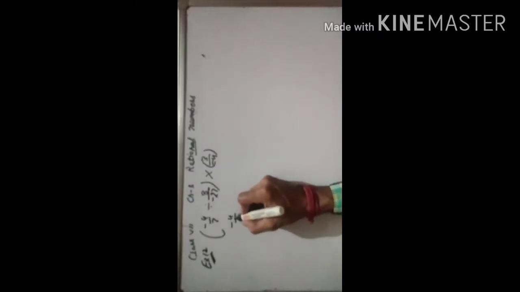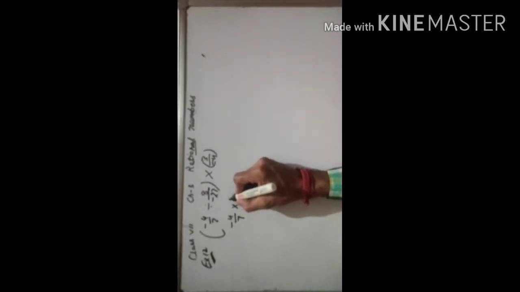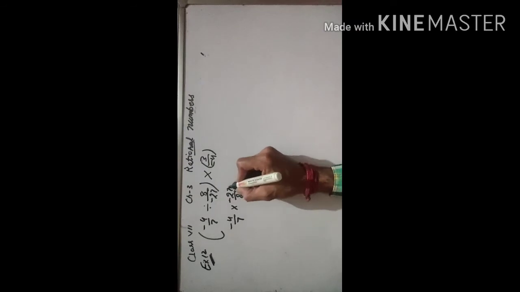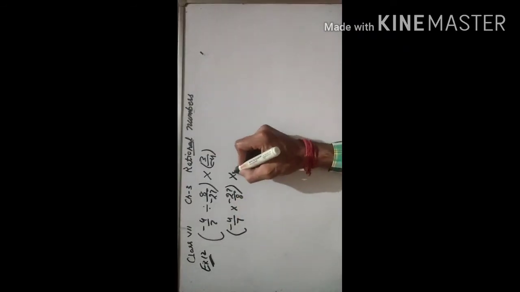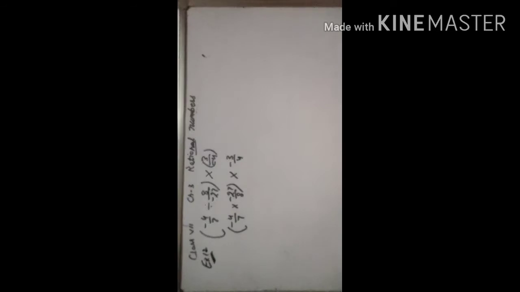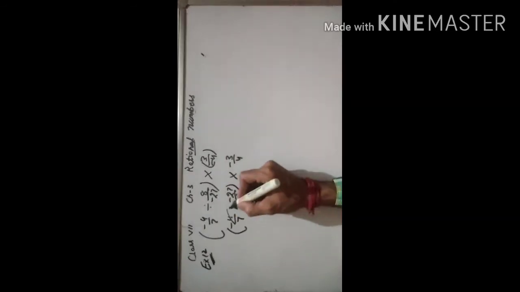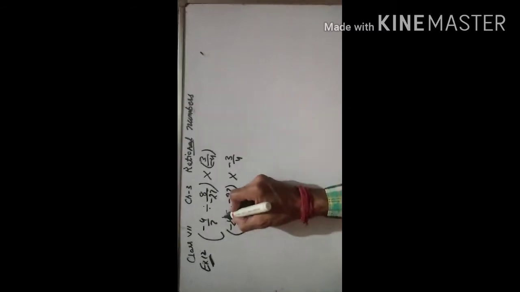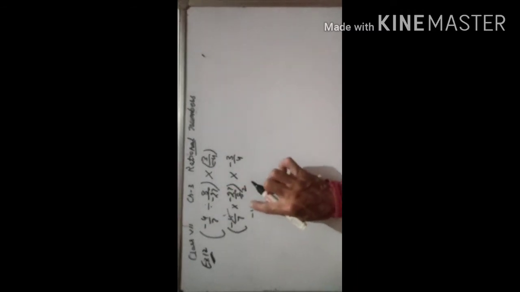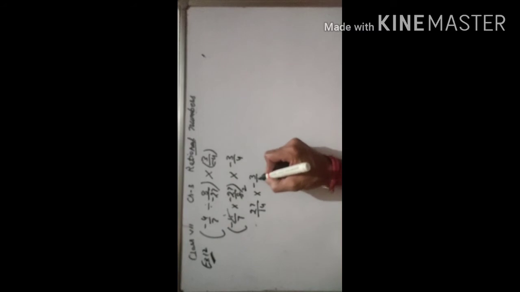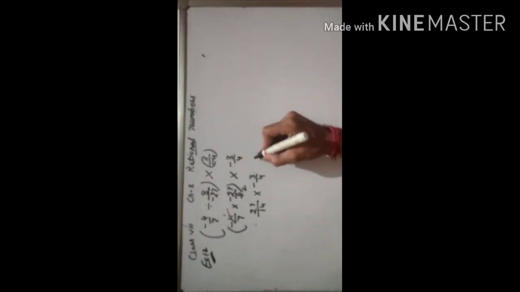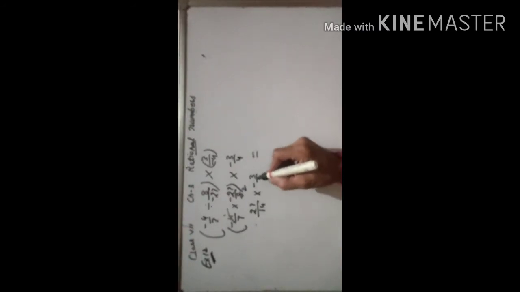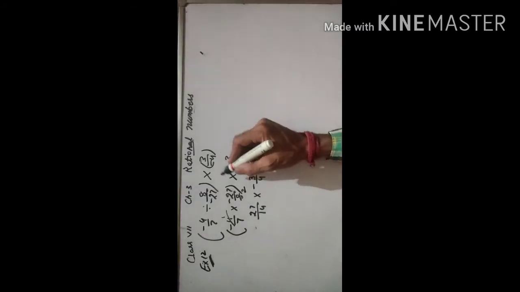So minus 4 by 7 into minus 27 by 8. First we have to solve this bracket, into minus 3 by 4. 4 twos are 8. Now minus 1 into 27 is 27 by 14 into minus 3 by 4.